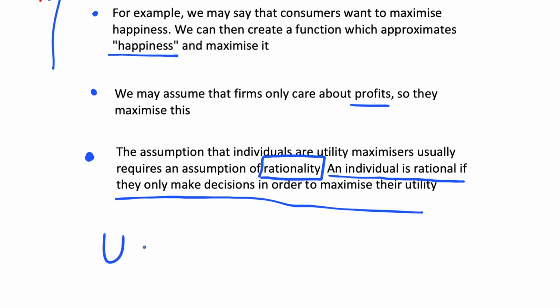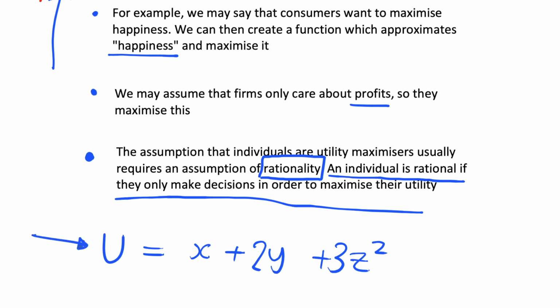So we come up with this utility function, which could be some good x plus some good y plus some good z. Maybe we value these goods slightly differently, maybe one's raised to a power. We could have some complicated function of what we're consuming, what we're doing, and this gives us utility, as I've said before.